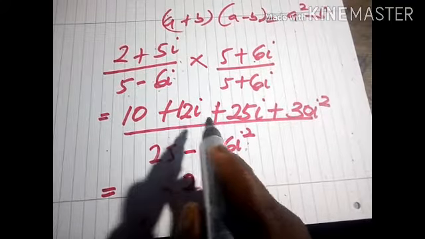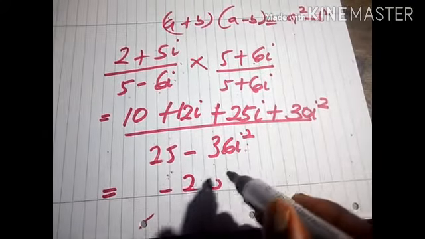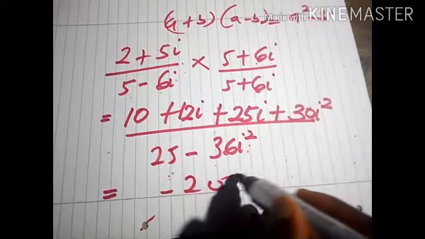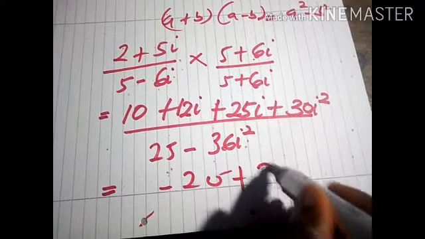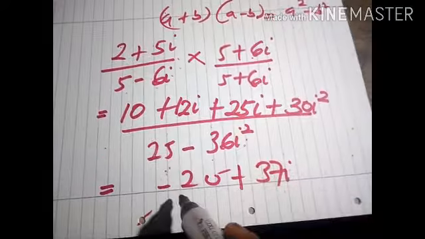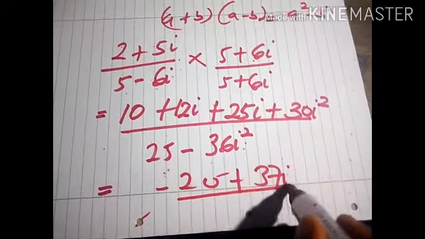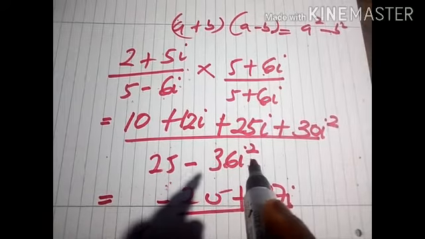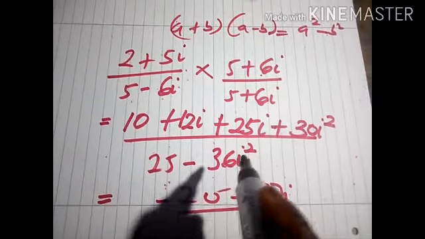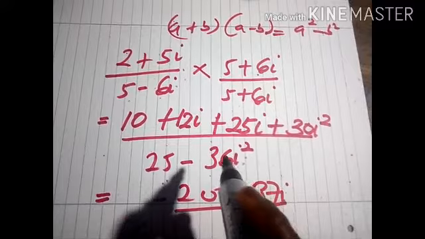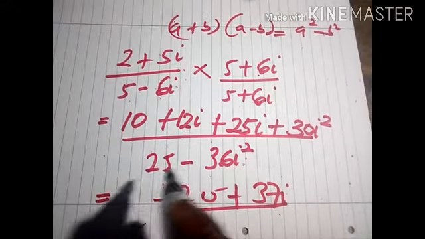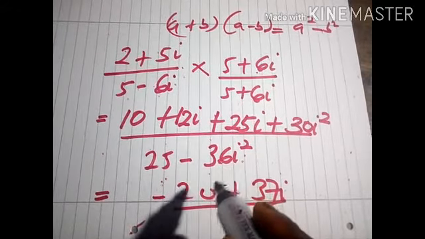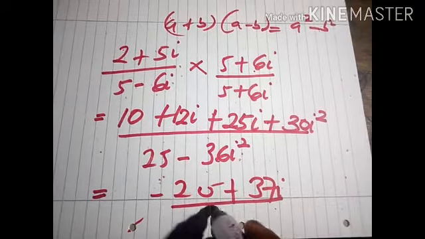So 12i plus 25i will give you plus 37i divided by, so 25 minus 36, since i squared is negative 1. So negative becomes positive here. So 25 plus 36, that's going to give you 61.